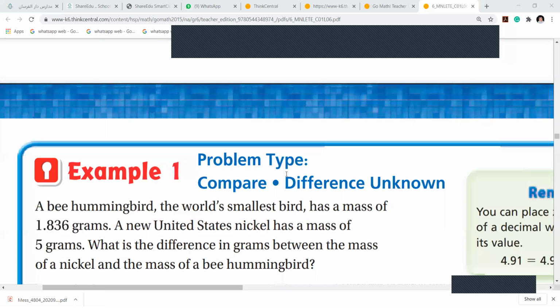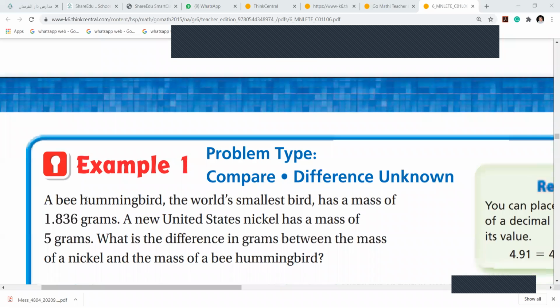Come on here. Lean, can you read this? A bee hummingbird, the world's smallest bird, has a mass of 1.836 grams. Don't say 1,000. 1 is the whole number.